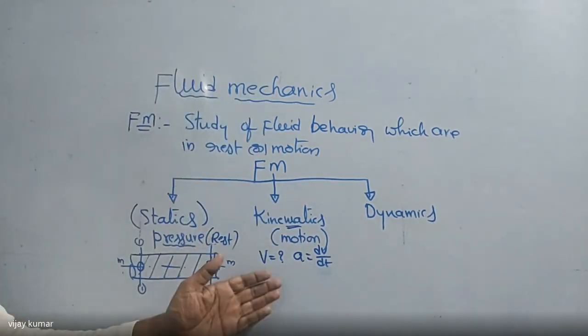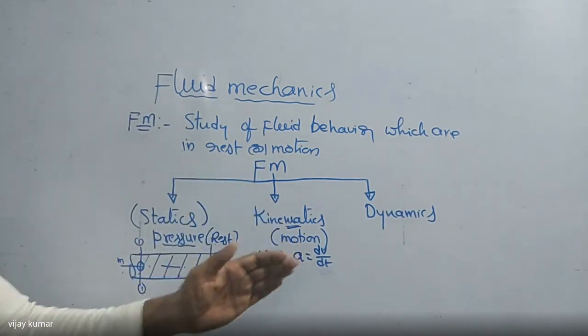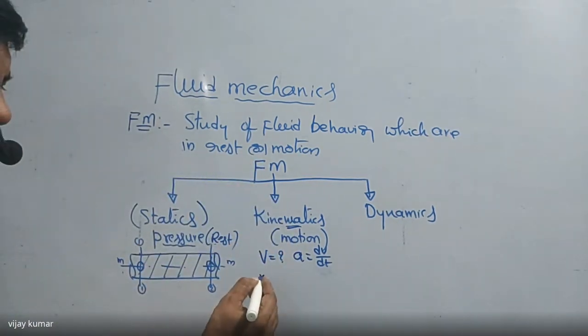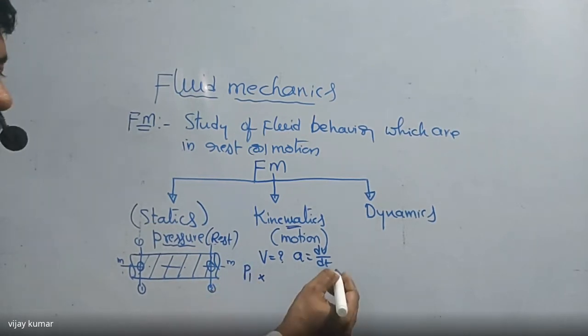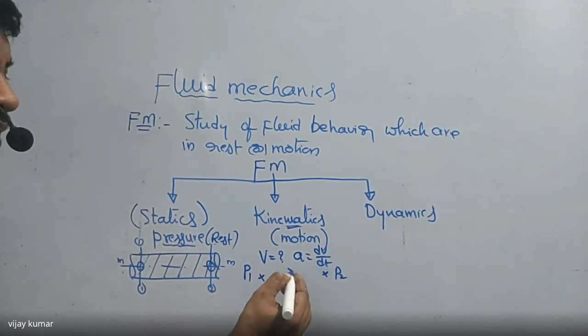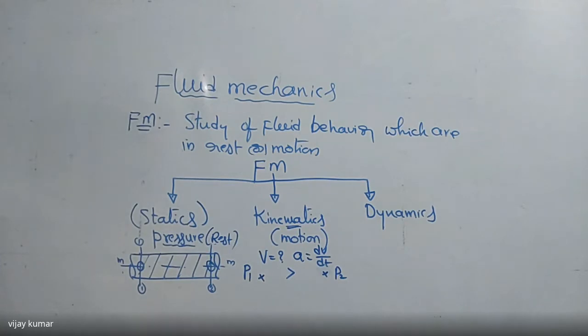Another is, if this is input and output, and this pressure is P1 and this pressure is P2, and P1 is greater than P2, the fluid automatically flows from high pressure to low pressure.